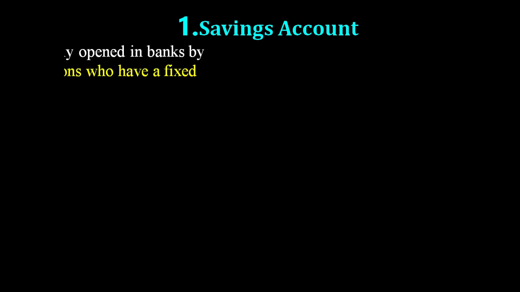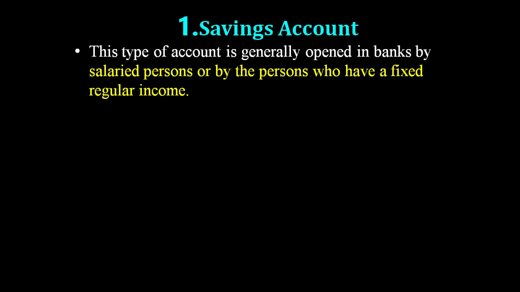Among that, the first one, savings account. This type of account is generally opened in banks by salaried persons or by persons who have a fixed regular income. So those who are getting regular income are those who receive a salary per month.